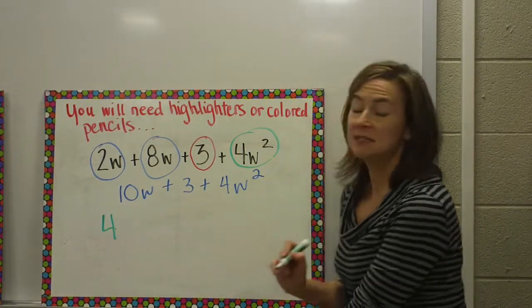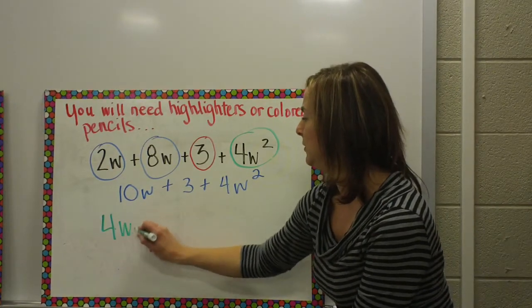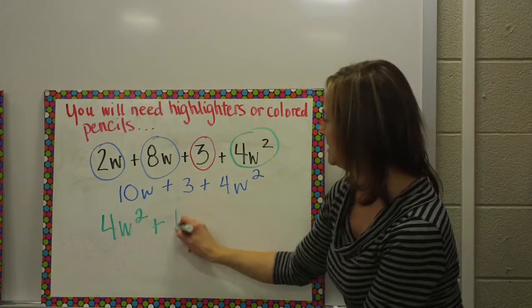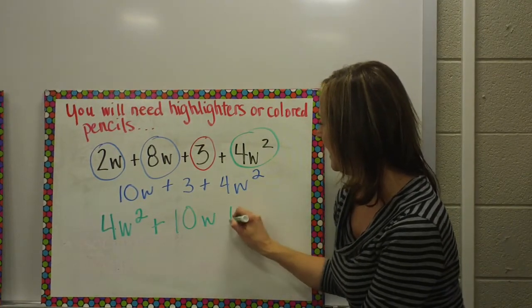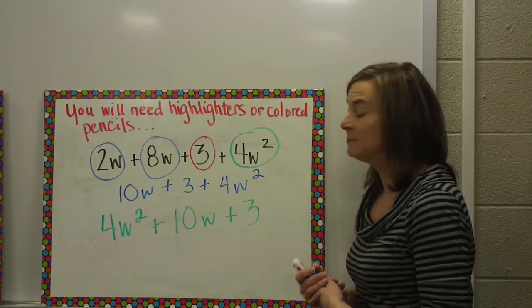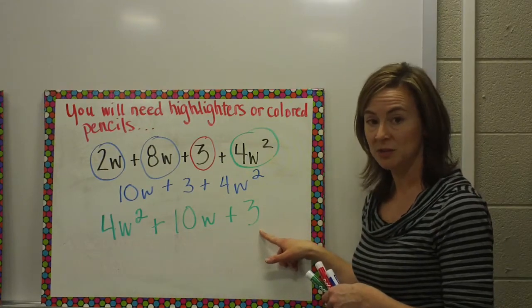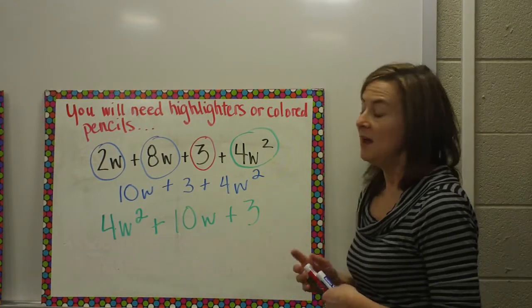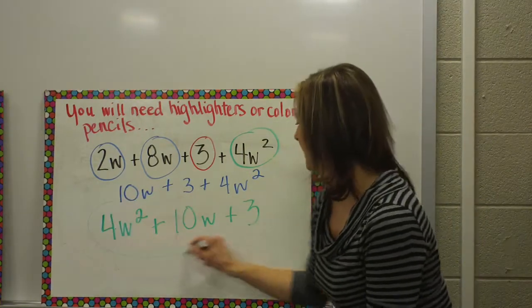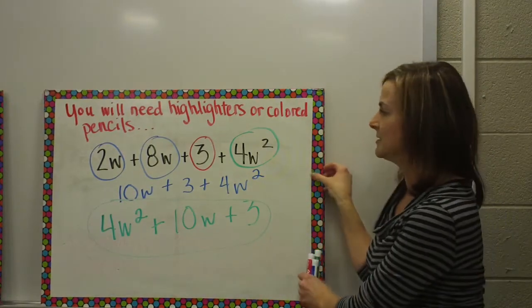So writing this in simplest form is going to be 4W to the second power, plus 10W, plus 3. This expression is simplified because I cannot combine any like terms. There are no like terms left, and there are no parentheses. So this would be my final answer. Let's take a look at another example and apply our steps.